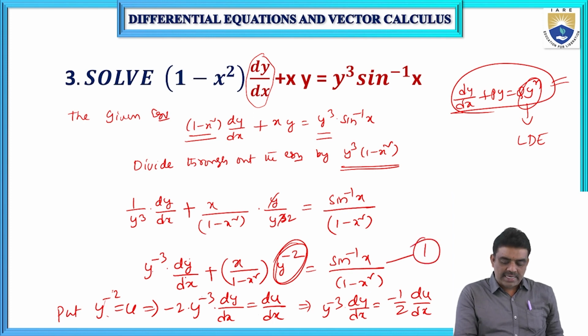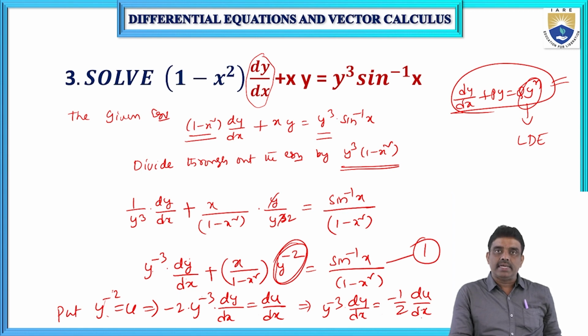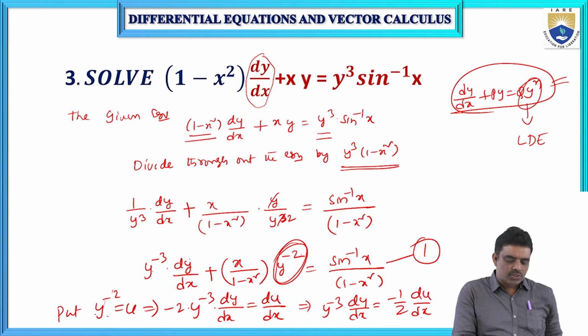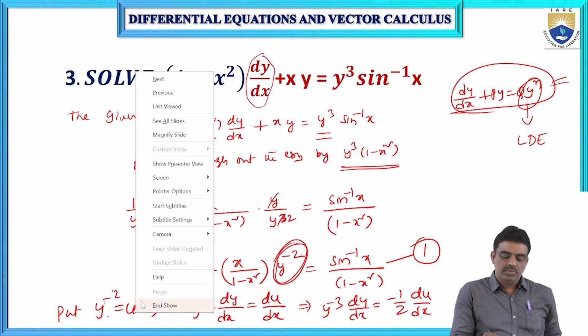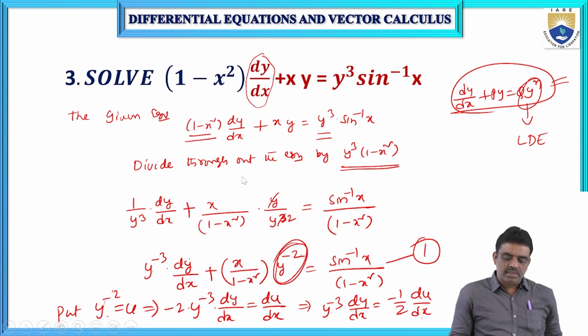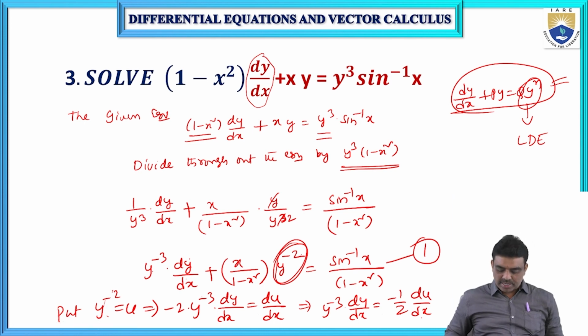Now y power minus 3 dy by dx is replaced by minus 1 by 2 into du by dx, plus x by 1 minus x square into y power minus 2 is replaced by u. Right side, same thing, sine inverse x by 1 minus x square, right?